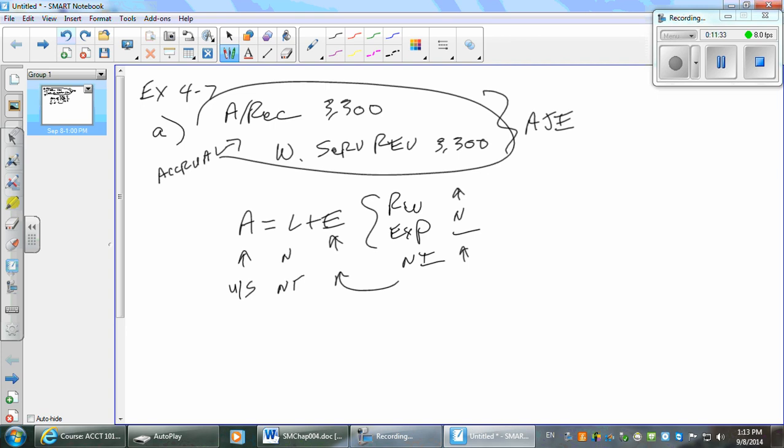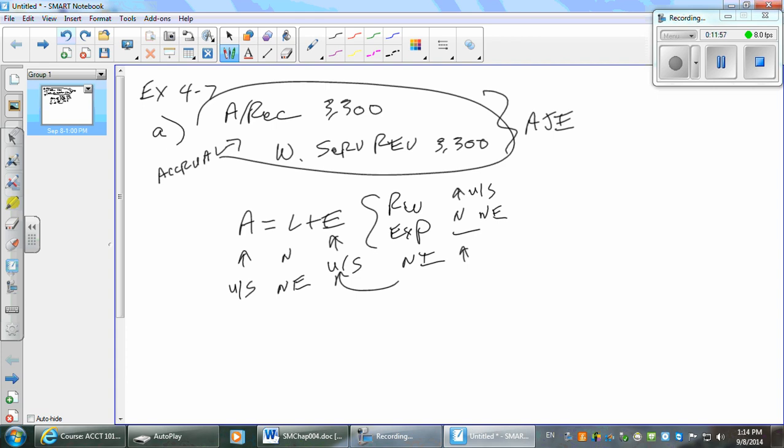No effect on it. How about equity? Should be higher. What's wrong with it if I don't do it? Understated. Why did that happen? Revenues need to be higher. So if I don't make them higher, what's wrong? Understated. Expenses, nothing's wrong. So guess what? No effect. Everybody got it? And net income needs to be higher.